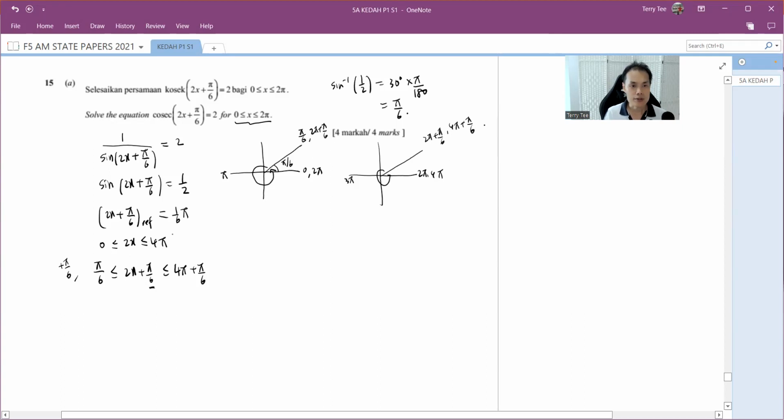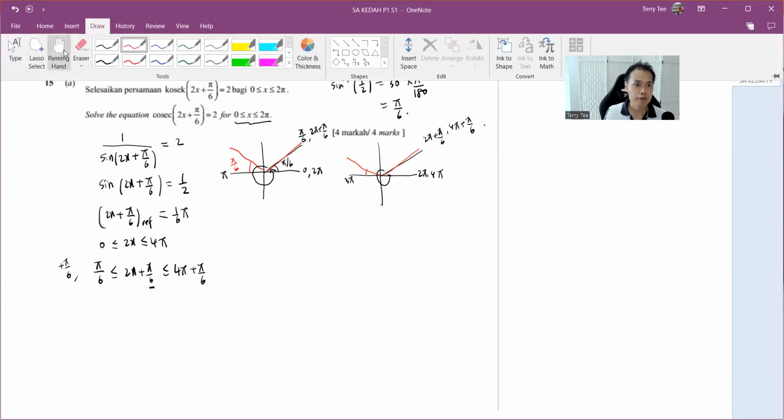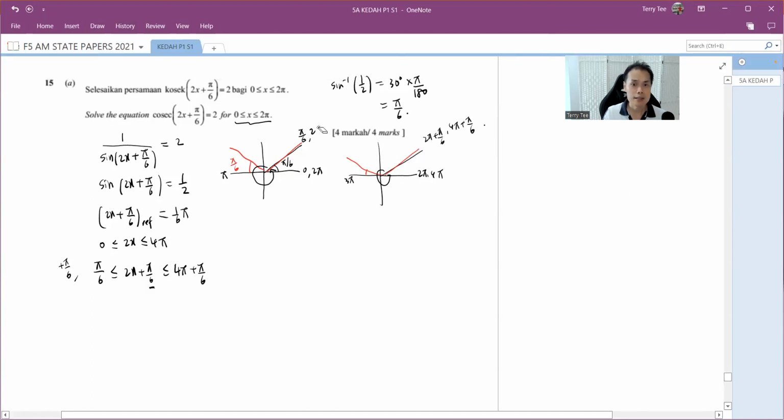So when you consider the answer, this reference angle actually lies exactly on the line. And sine is positive in quadrant 1 and quadrant 2. So this one is pi over 6 as well. Now, if you want, you can draw another one. There's overlapping here, so should I draw another one for you? There are 5 solutions here instead of the normal 4.